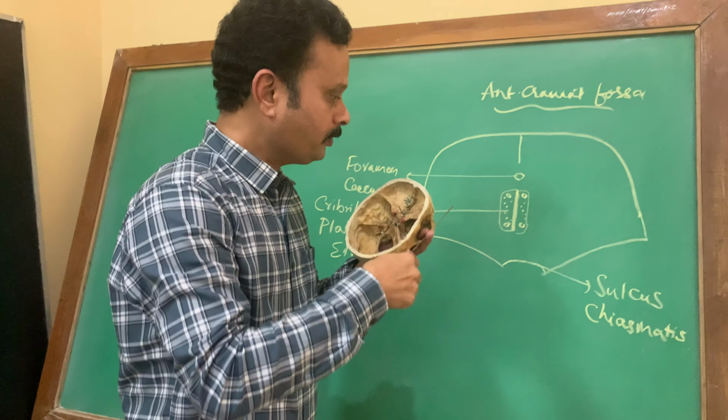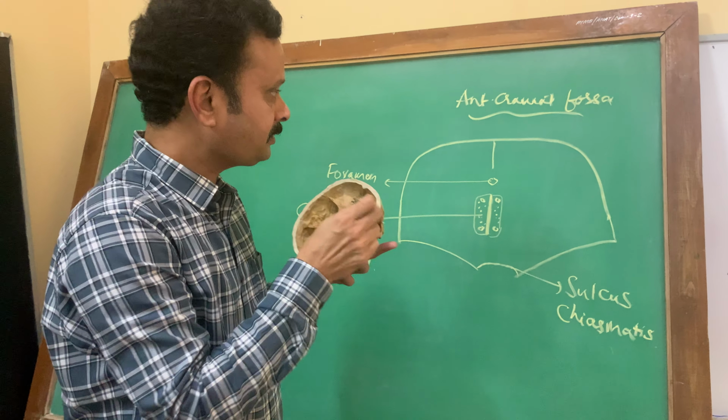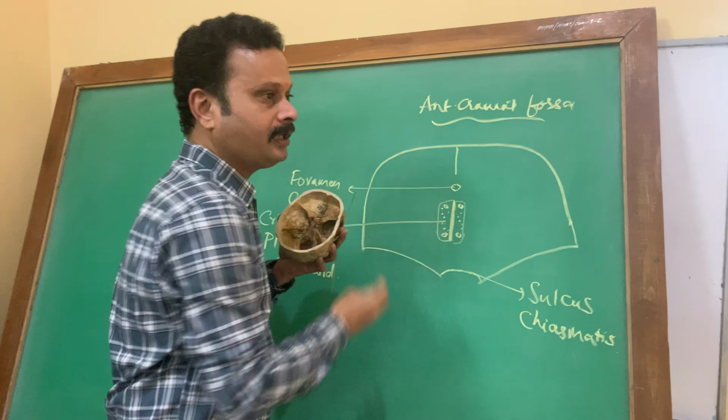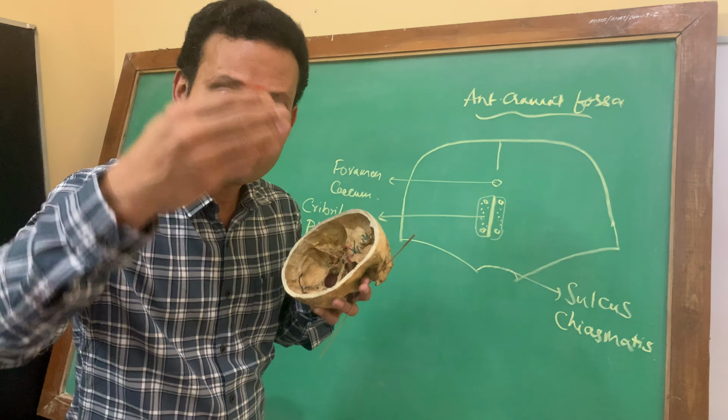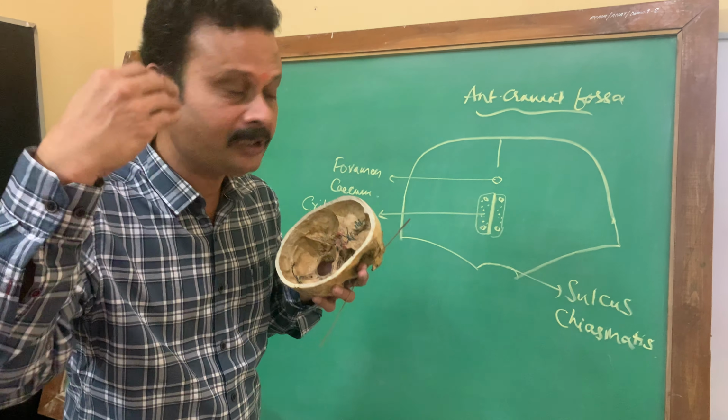This plate is deeply grooved, and it lodges in its medial part the gyrus rectus, the medialmost gyrus of the orbital surface of the frontal lobe of the corresponding cerebral hemisphere.